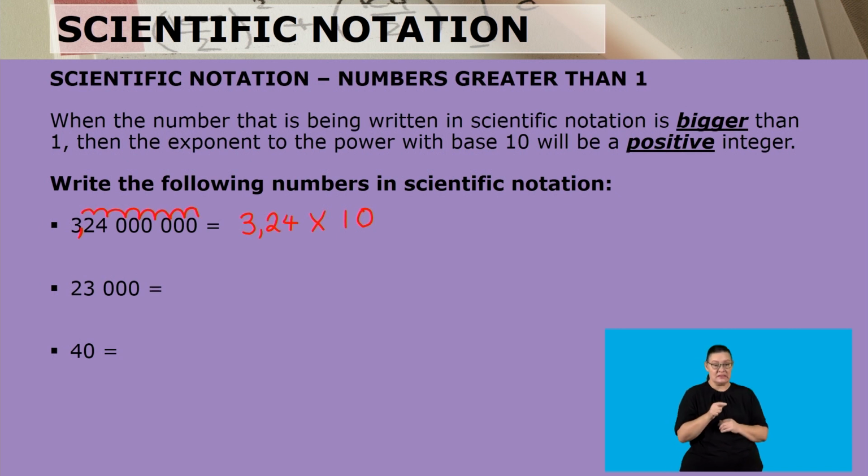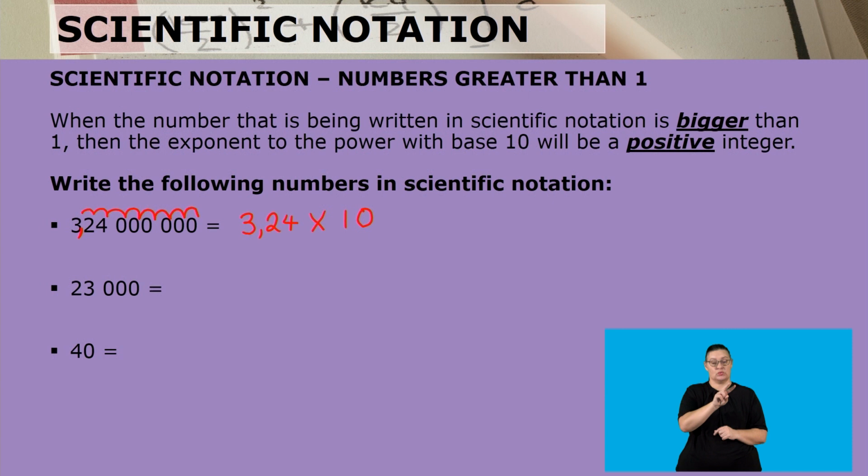So we know that if we multiply this number by 8 of these tens, then definitely we will get to our number of 324 million. So that means that the answer here is going to be 3,24 multiplied by 10 exponent 8.